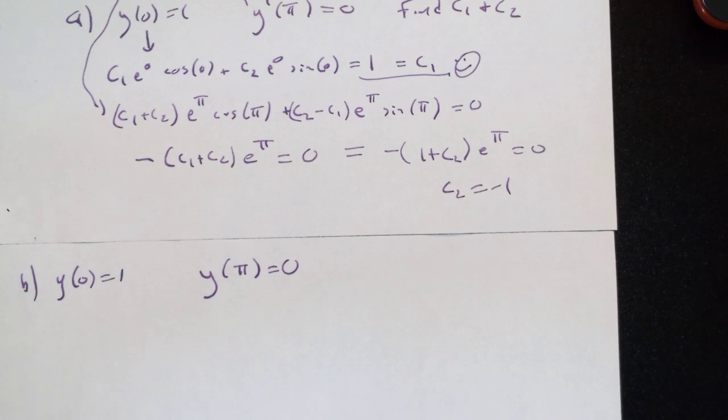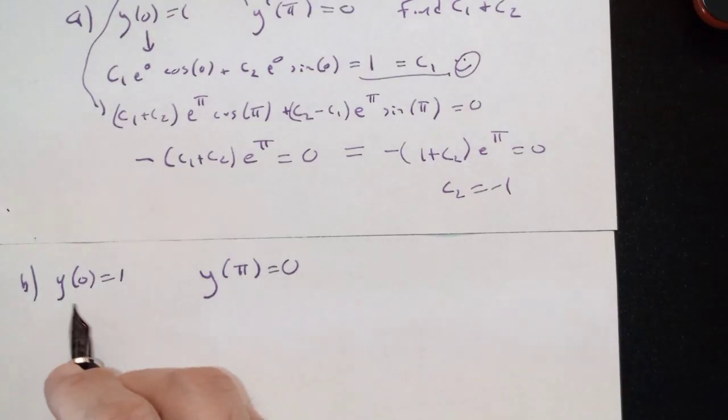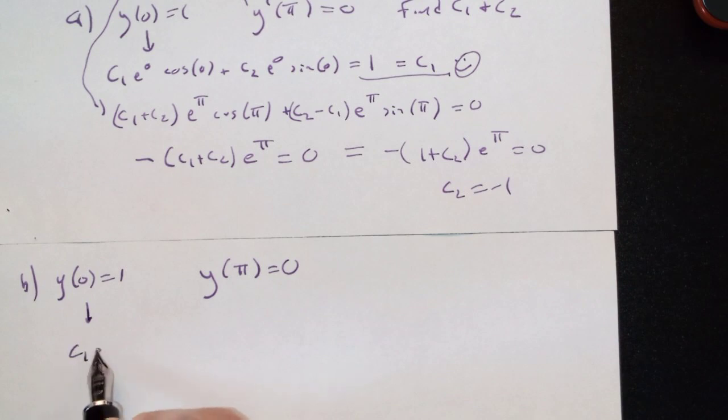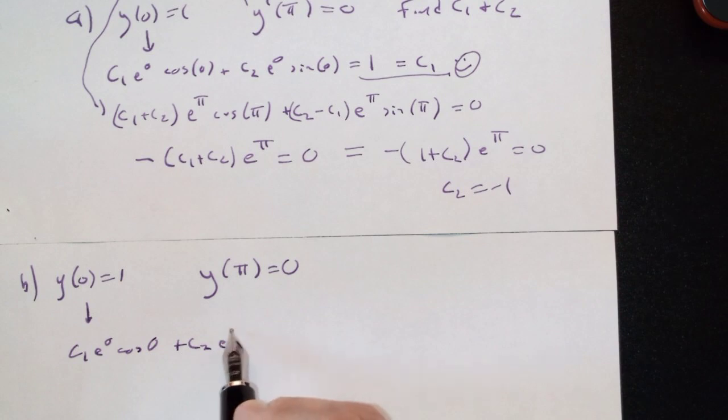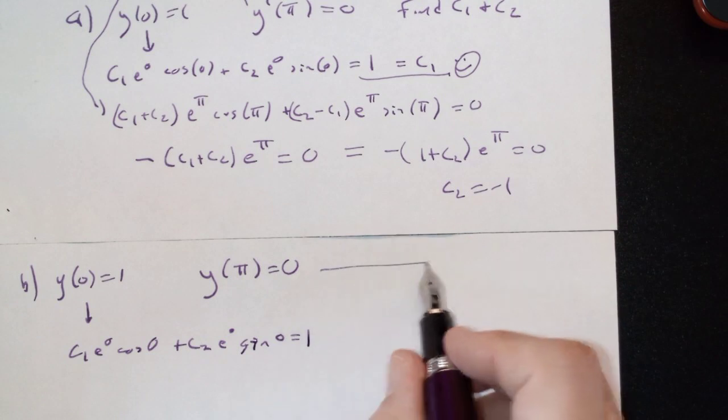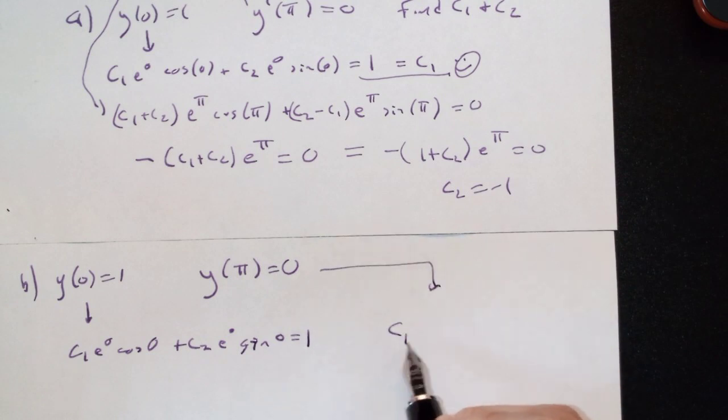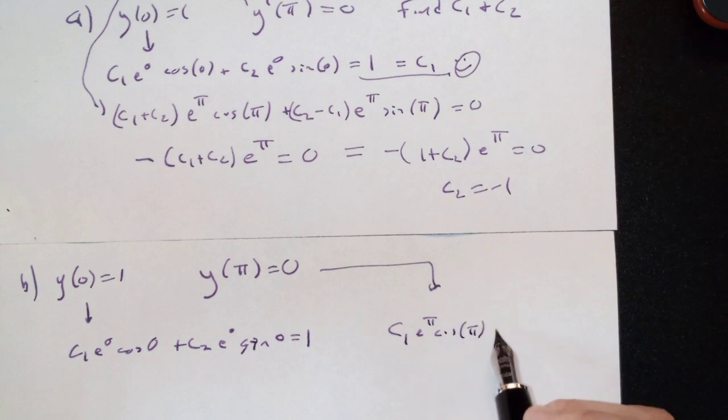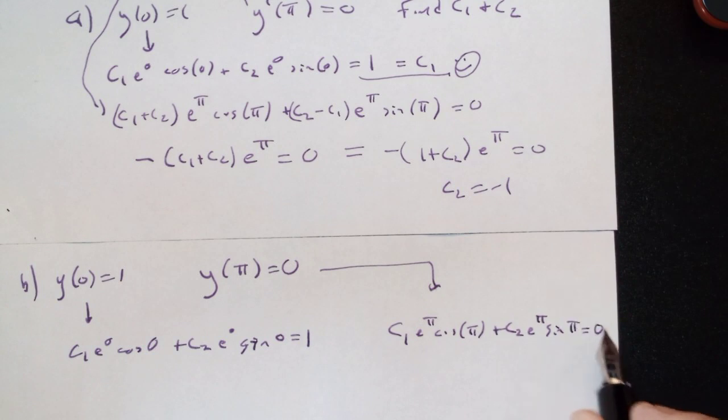Well, now, do the same thing. Find me a C1, find me a C2. But these are both about y. So if I plug this in, I have C1 e to the 0 cosine 0 plus C2 e to the 0 sine of 0 equals 1. If I plug this one in, I have C1 e to the pi cosine pi plus C2 e to the pi sine pi equals 0.